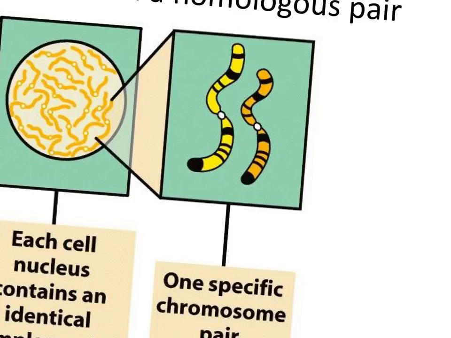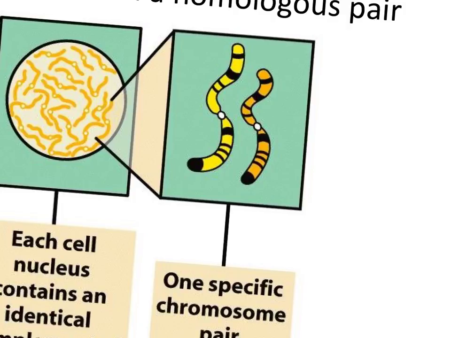Now, the same genes, but not necessarily the same alleles. So, remember what an allele is? Anybody? An allele? We talked about it before. Yeah. Exactly. So, an allele is a gene variant that codes for a slightly different protein.